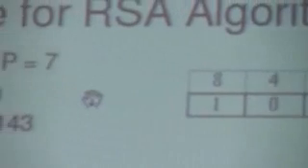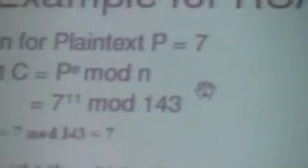So how do we do this kind of modular exponentiation? For the exponent 11, I try to write the powers of 2: 1, 2, 4, 8. Don't go beyond 8 because the next one is 16, which is already greater than 11. So you have to find 7 raised to 1 mod 143, 7 squared mod 143, 7 raised to 4 mod 143, 7 raised to 8 mod 143.